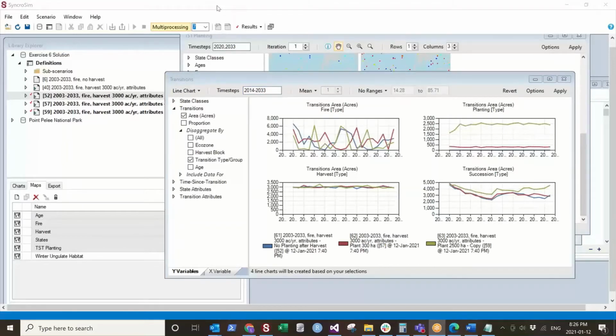You might be curious. The origin of us wanting time since transition in the model goes way back to the very beginning of these simulations, about 20 years ago, where the main concern people had, and it applies to Australia, had to do with the buildup of fuel ladders under mature canopies of trees.